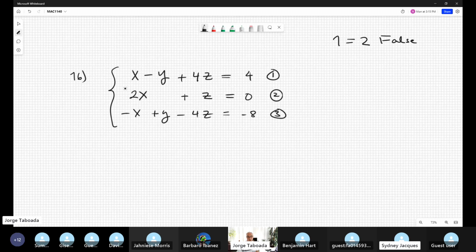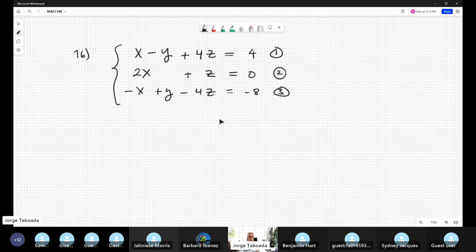No solution. However, if you manipulate the system and you get 0 equal to 0, it's true, but we cannot solve the variable, it's because we have infinitely many solutions. But in this scenario, obviously contradiction indicates no solution. So this system, if you analyze in detail, you see that it has no solution.